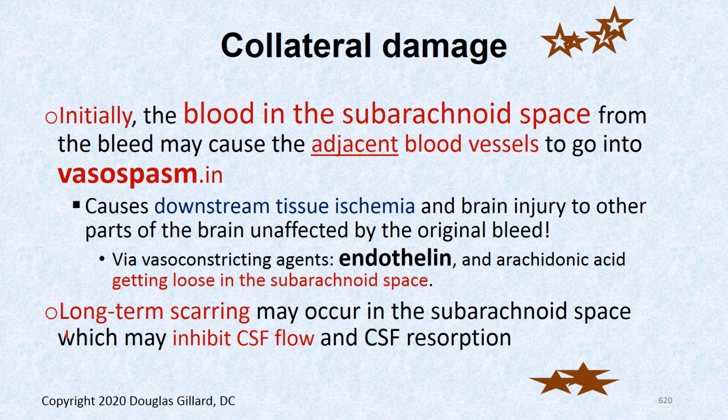All right, so why are these subarachnoid hemorrhages, and not just of berry aneurysms, any type of subarachnoid hemorrhage, so dangerous? Well, if you get into the subarachnoid space, the blood can travel around, and there are a lot of blood vessels on the inside of that space that communicate with it.